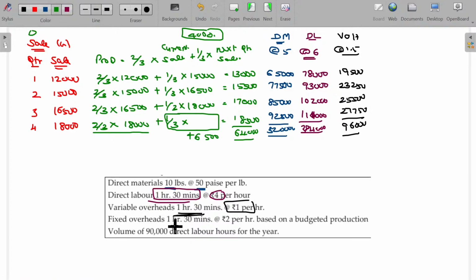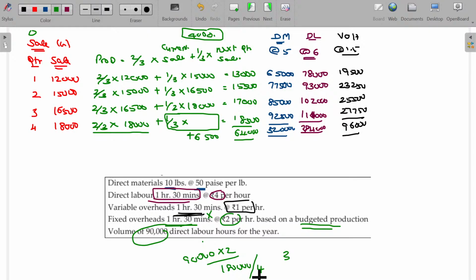Fixed overhead 1.5 hours required per unit, 2 rupees per hour, so 3 rupees. 1.5 into 2 rupees, per unit it is 3 rupees. Whenever fixed overhead is given per unit, it will be applicable only for the budgeted production of 90,000 direct labor hours. So 90,000 into per hour 2 rupees, 1,80,000 rupees will be the overall fixed cost.